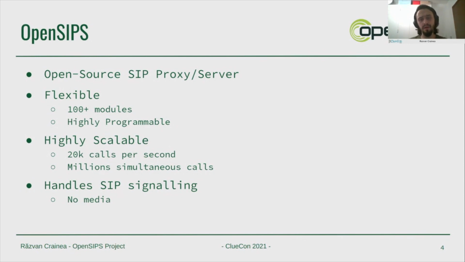So we are not involved in the media path. This is quite important because this is what gives the strength of a SIP proxy. We don't handle media, therefore we're not limited by bandwidth. We're only limited usually by memory and CPU, but those are not that, let's say, expensive.